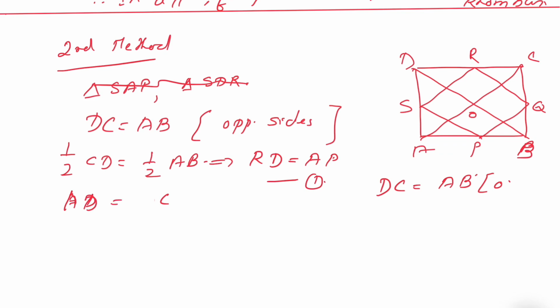Half of AD, you can take as SD. Here there is no need of AD equal to BC, it is the same side that we are taking. Sorry. Now here SD equal to AS.